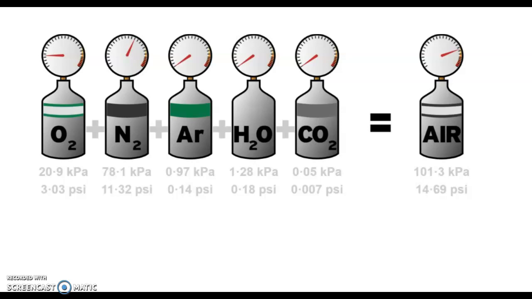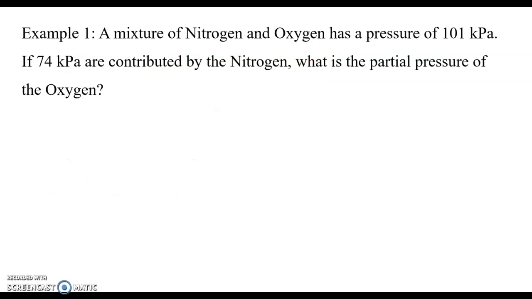Once we understand that the total pressure of a mixture is equal to the sum of the pressures of its components, we can also work backwards. So for example, we're told that a mixture of nitrogen and oxygen has a pressure of 101 kilopascals. If we know that 74 of those kilopascals are contributed by the nitrogen, we can be asked what the partial pressure of the oxygen is.